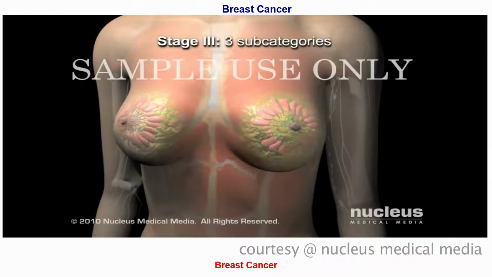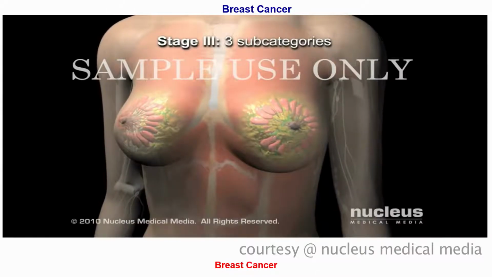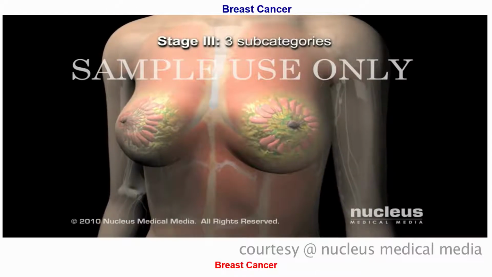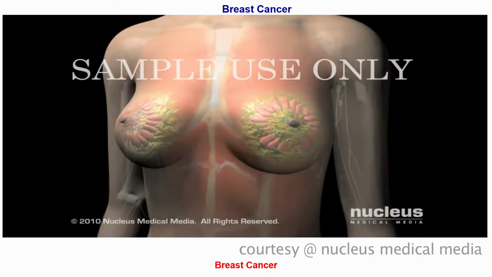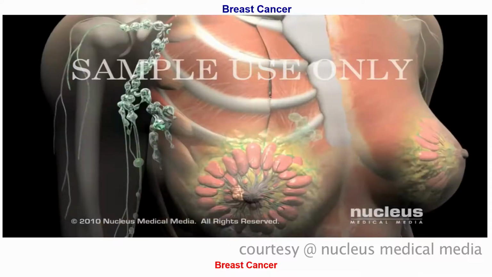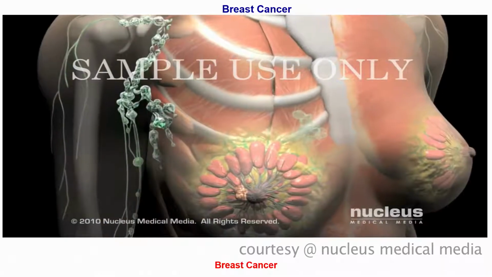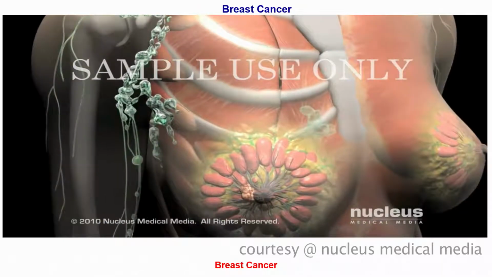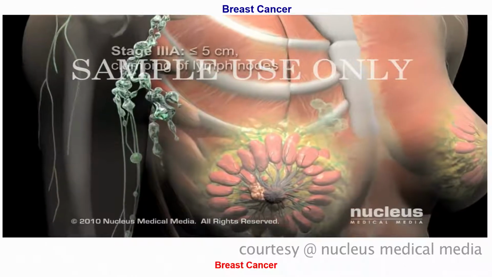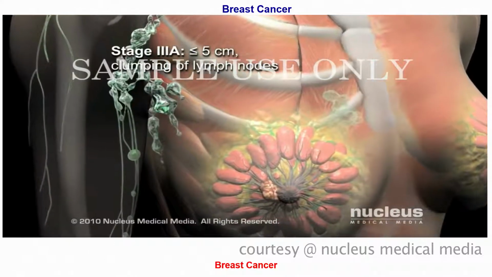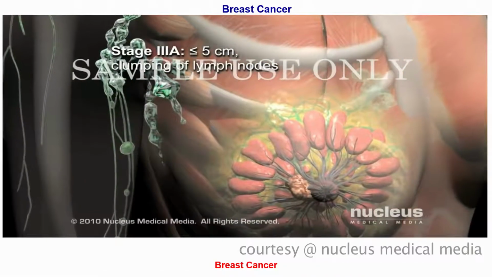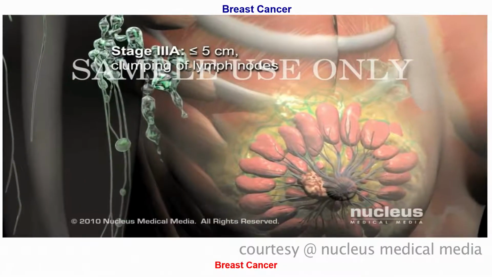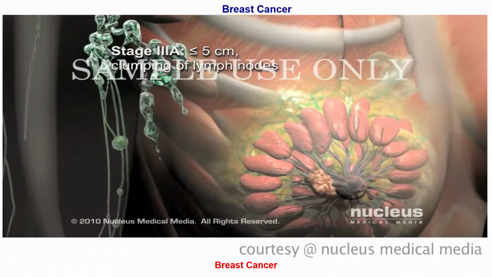Stage 3 is considered a locally advanced cancer, and it is also divided into subcategories of 3A, 3B, and 3C. There are two main scenarios that can occur with stage 3A breast cancer. One, where the tumor is no larger than 5 centimeters in diameter, but it has spread to underarm lymph nodes that are growing into each other, forming clumps.